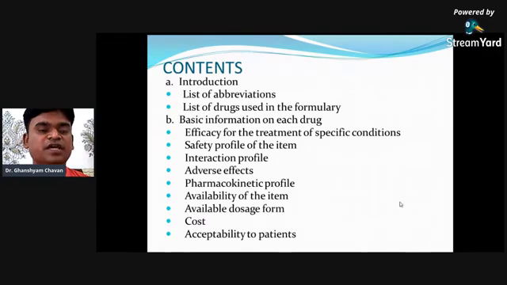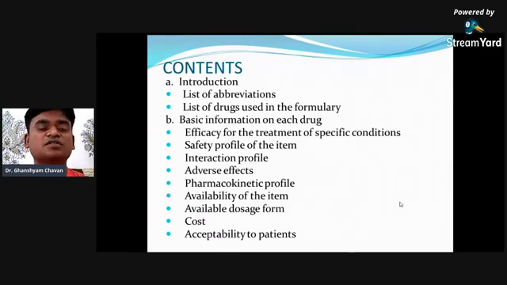In contents, A, introduction. In that, list of abbreviations. So there is a specific list of abbreviations which can be used in hospitals or the hospital formulary. For example, CSF, or TID, three times a day, or OD.